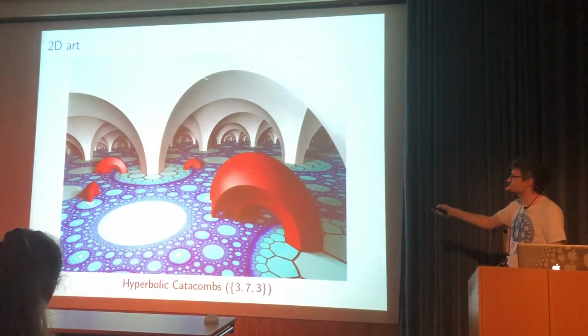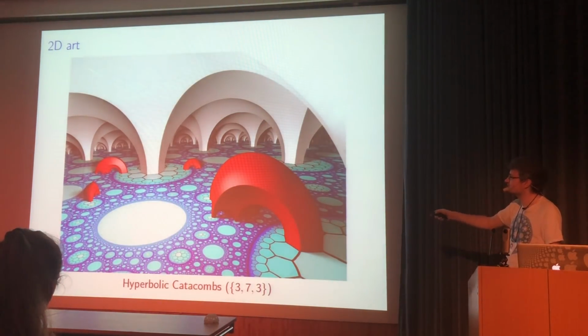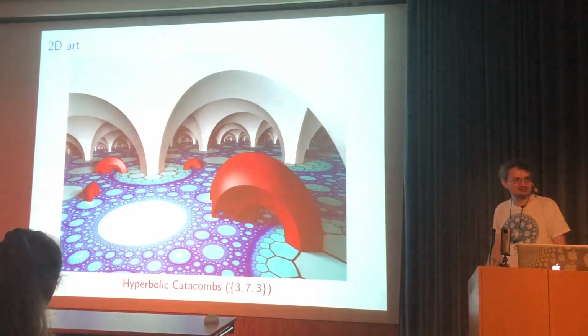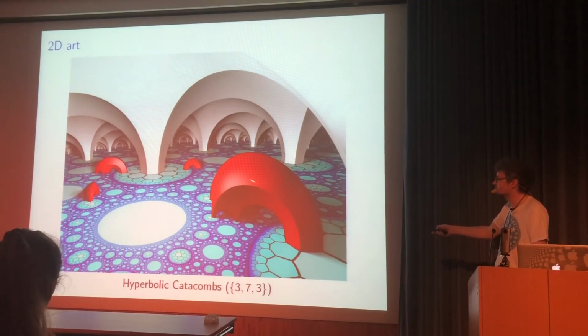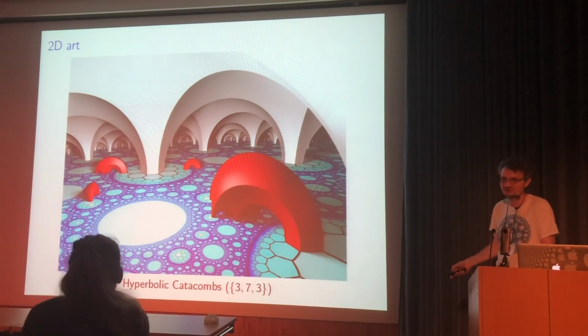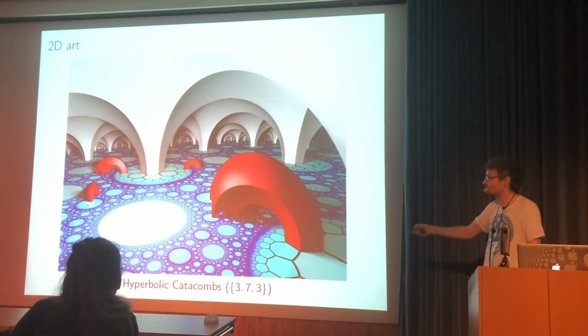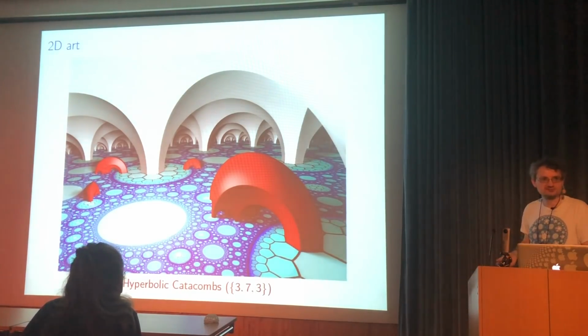And this is, we're outside of one of the cells. So this thing here is one cell. All the red things are also one cell each. They're actually isometric. It's just that one of them looks huge and the others look small. All we've done is drawn 5 of the cells, and none of the others, and drawn the boundary picture. And this is drawn in the upper half space model of H3.